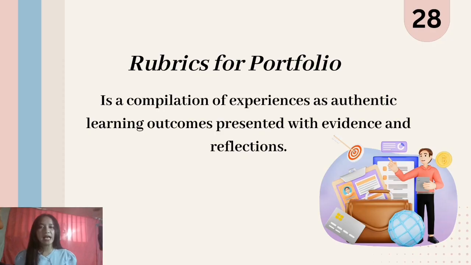Example is excellent, good, fair, or poor. Students receive scores or feedback based on how well their work aligns with the descriptions. Rubrics provide detailed, transparent expectations for students and help guide their work. They also make grading more consistent and objective. So that is rubrics for portfolio.